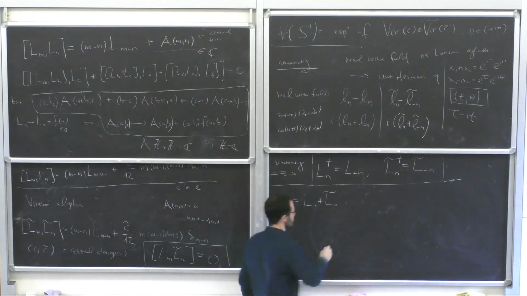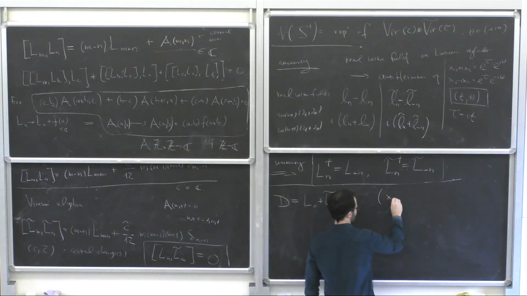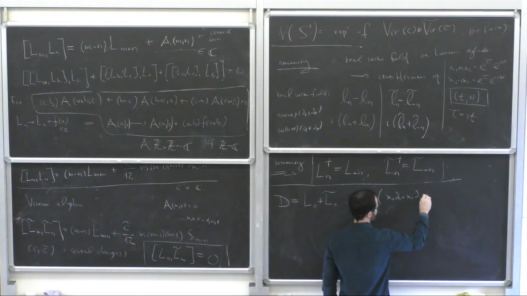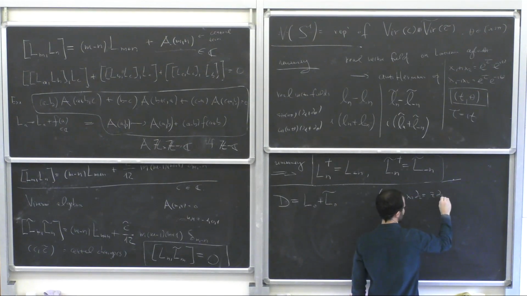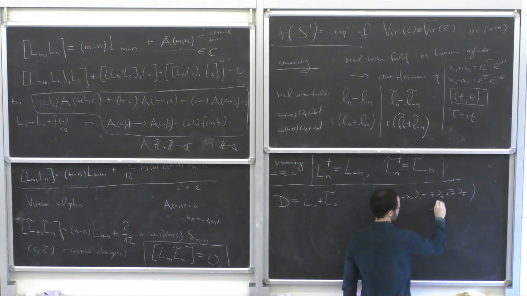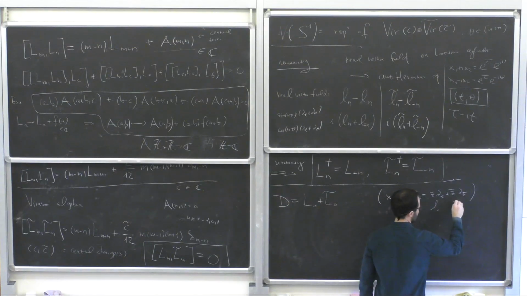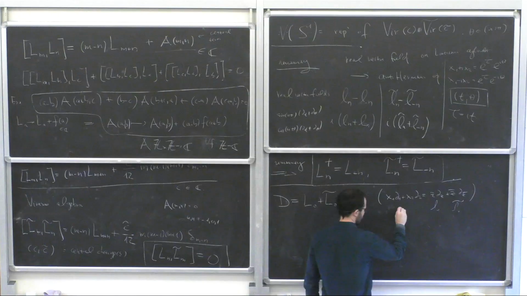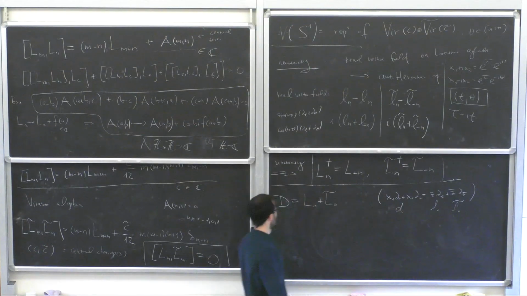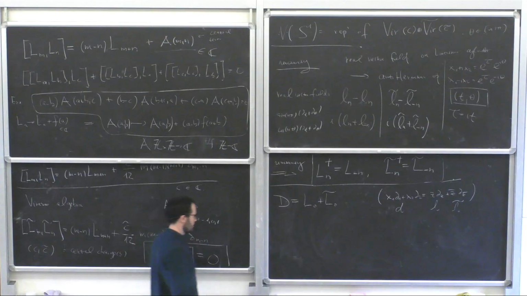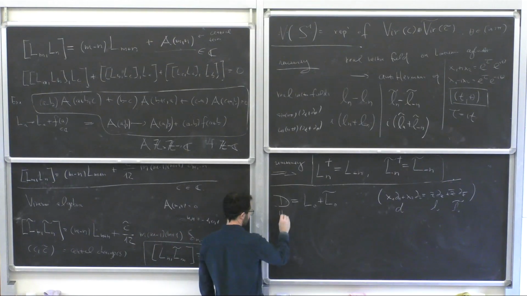That's because x1 d1 plus x2 d2 is the same thing as z dz plus z bar dz bar. So this is L0 and this is L0 tilde, and this is what I call little d.